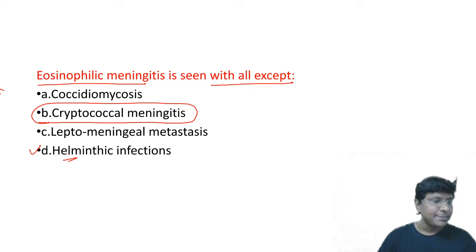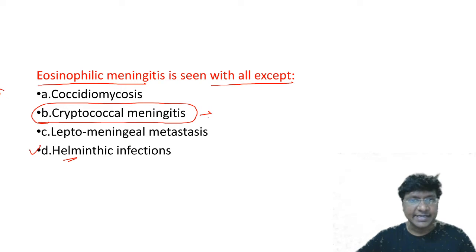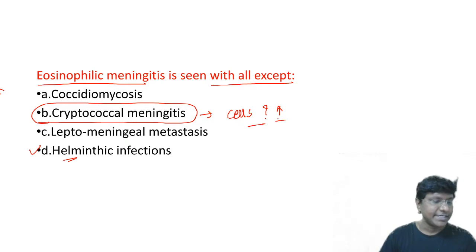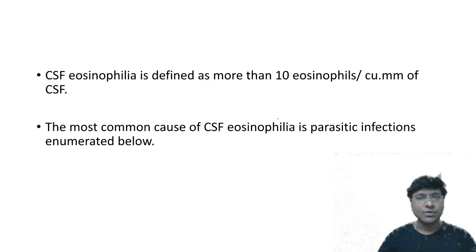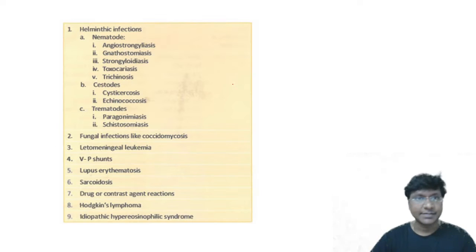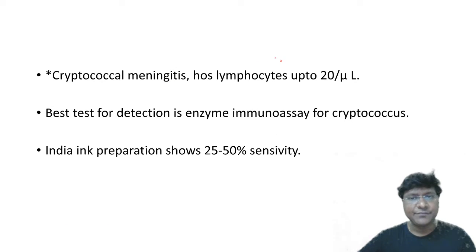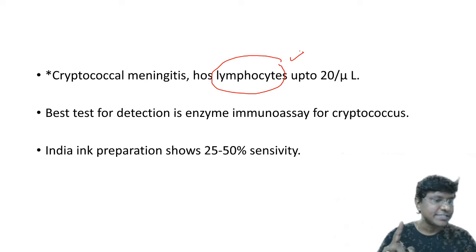Now tell me, in cryptococcal meningitis, which type of cells are increased in your CSF? Any one of you, please? Not neutrophils. Yeah, it is the lymphocytes which will be increased in patients with cryptococcal meningitis.